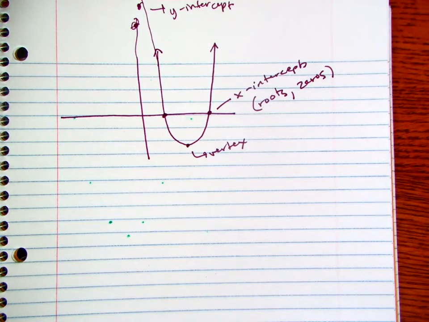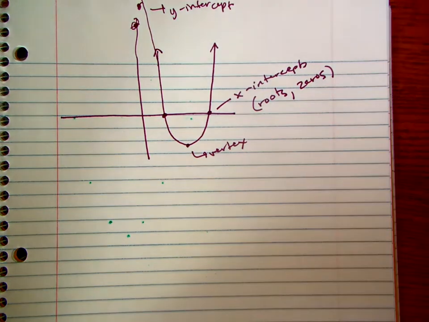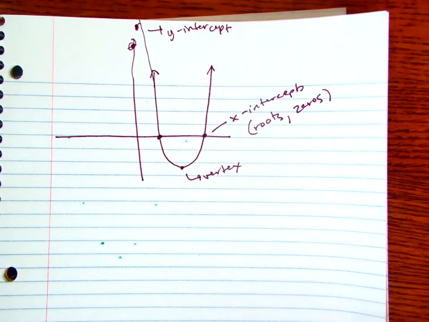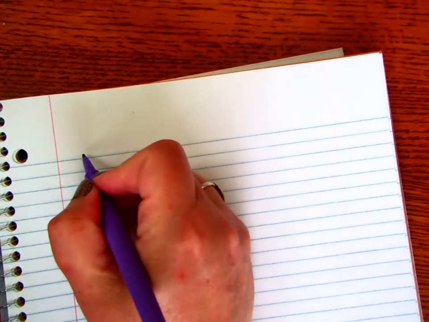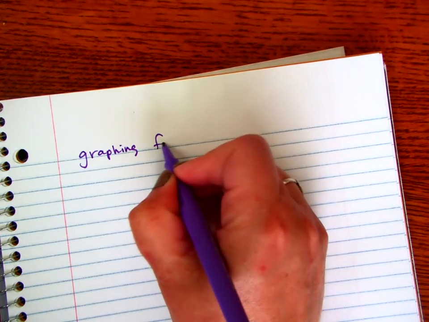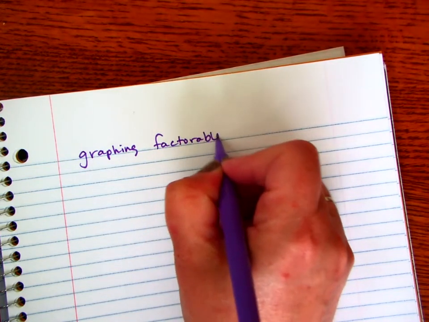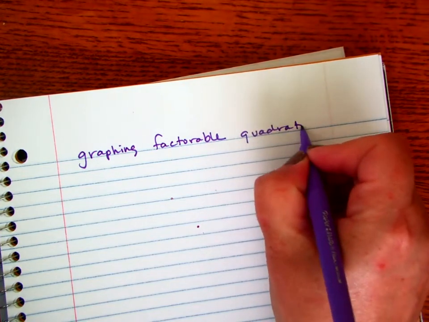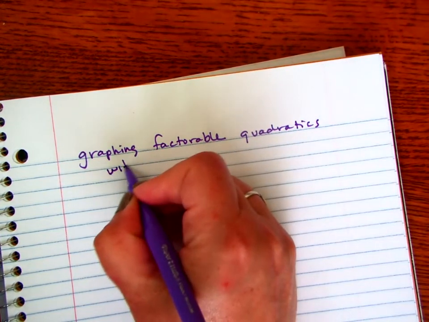I'm going to do a couple of examples of graphing a quadratic where we aren't plugging in every point. Graphing factorable quadratics specifically, without plugging in points.